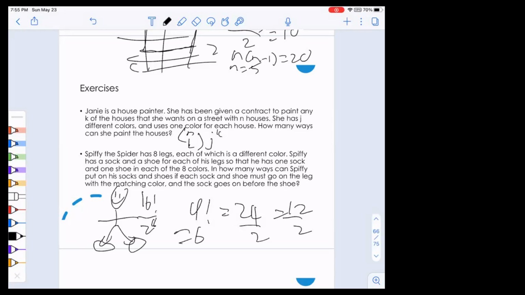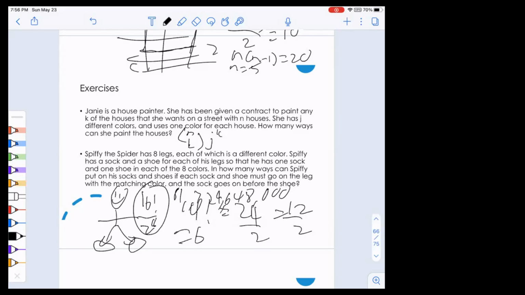So our final answer is basically this. The final answer is going to be a very large number, 81,729,648,000. So that's a lot of ways.